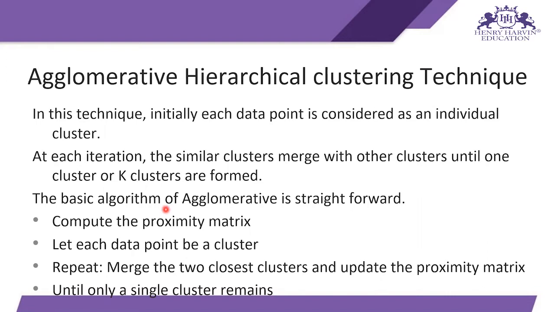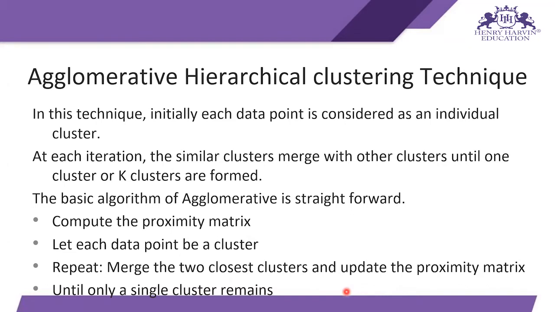The basic algorithm of agglomerative clustering is straightforward. Compute the proximity matrix. Let each data point be a cluster. Repeat: merge the two closest clusters and update the proximity matrix, until only a single cluster remains.